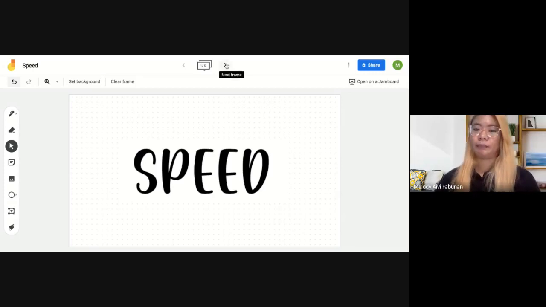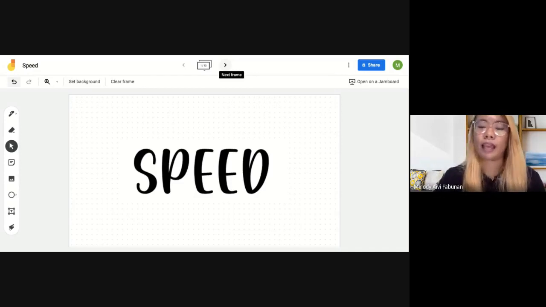Last week we reviewed distance and displacement, and those topics are part of what we will be learning this week and next week. It's a continuation, because for speed, we will use what we learned about distance to find out how fast an object is moving.